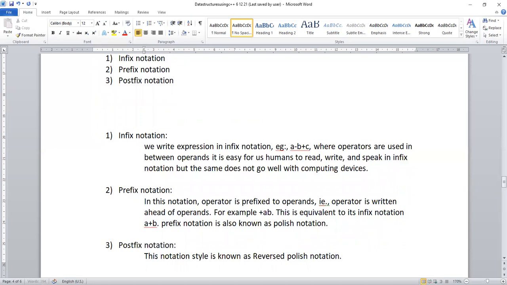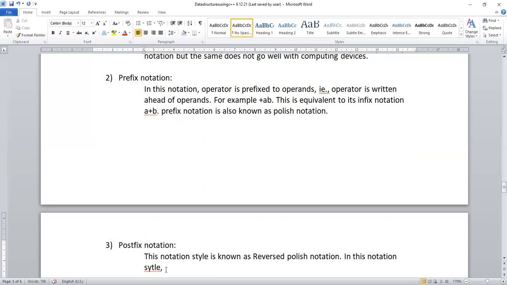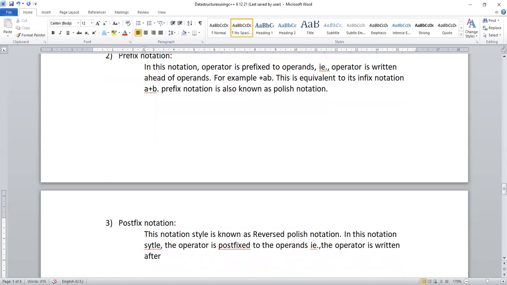Okay, in this notation style, the operator is postfixed to the operands, that is, the operator is written after the operands.